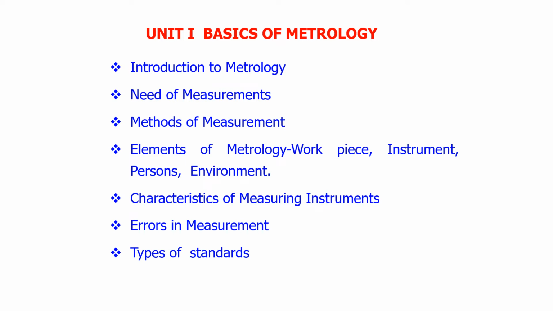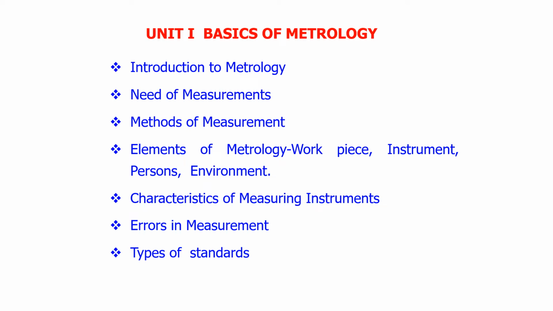And the methods adopted in measurements. What are the elements of metrology, like standard, people, workpiece, and environment, all of which influence the measurements. And characteristics of measuring instruments, another vital area where we have to concentrate when dealing with metrology and measurements. The tools play the vital role.